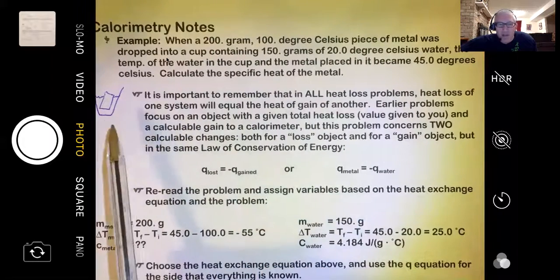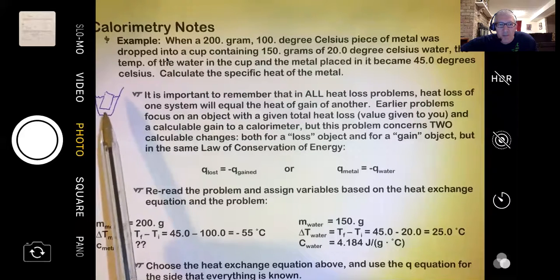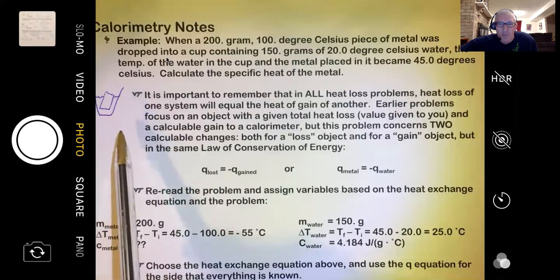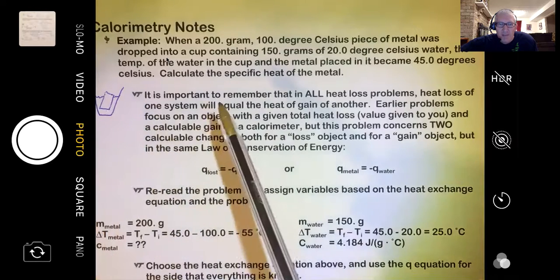And so we've got a 100 degree chunk of metal, which is hot, and 20 degree water. Now, you know and I know that the chunk of metal is going to cool off, and so that is going to be losing heat.